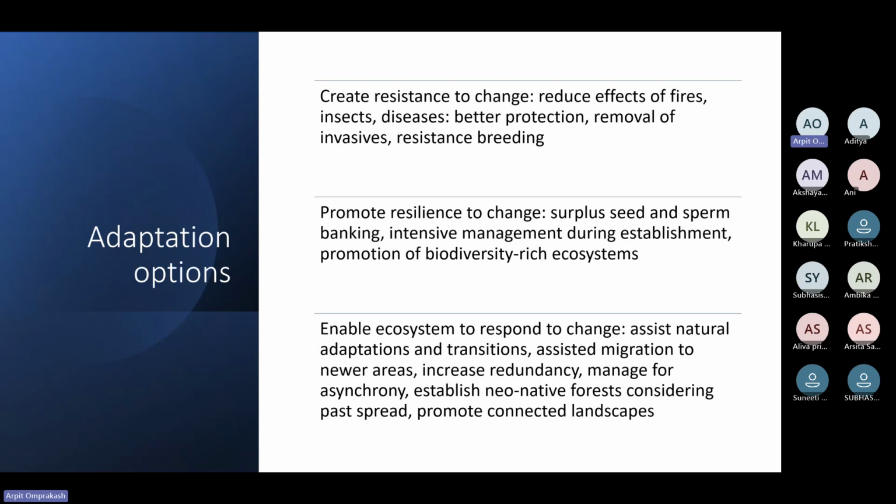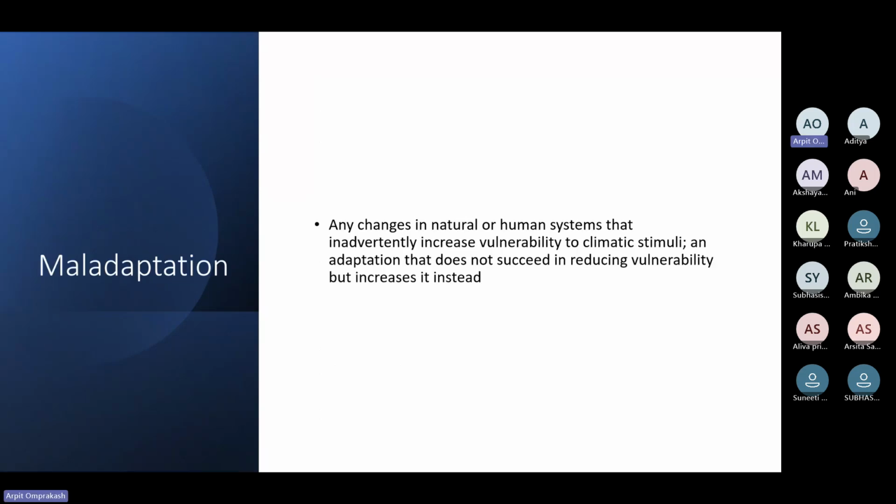Right. Then we can also establish new native forests, considering past spread, and promote connected landscapes. So these are ways in which we can do adaptation so that the ecosystem is able to respond to change. Right.